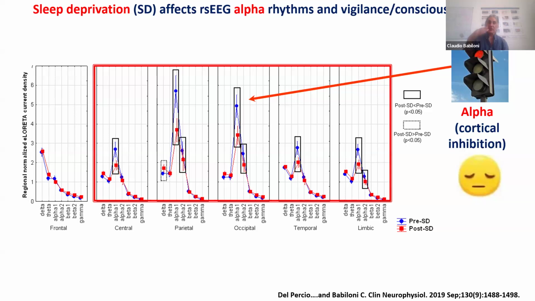So if you have a change in alpha, this is related to a change in the vigilance, in the mental scanning of the environment or of the autobiographic memory.